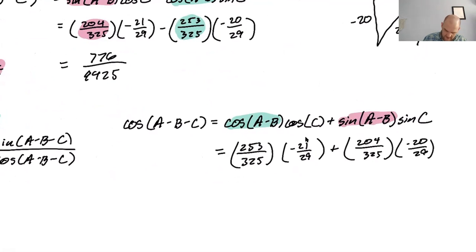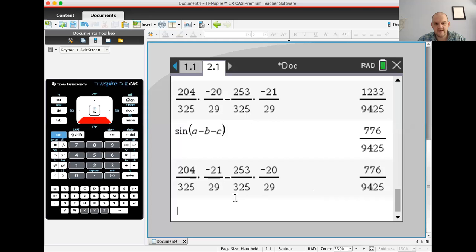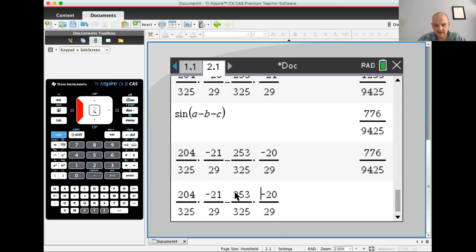Okay, so for this, I'm definitely using a calculator. Let's see, go back here. I can modify this one, but it's kind of annoying. 253, and then negative 21, and then negative 204. This is actually not annoying at all, but this should be a plus.